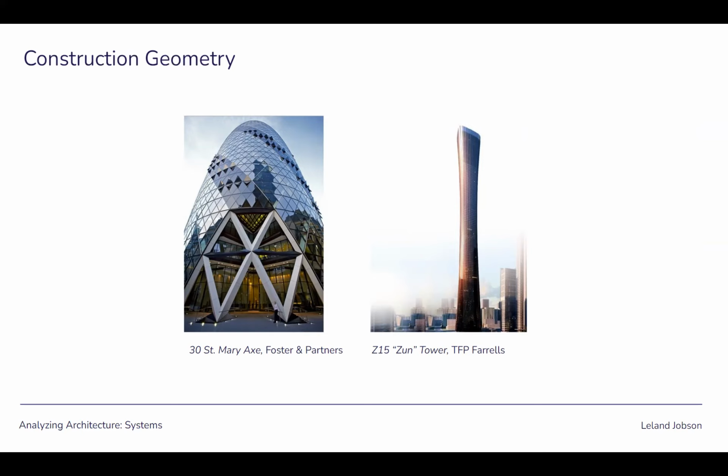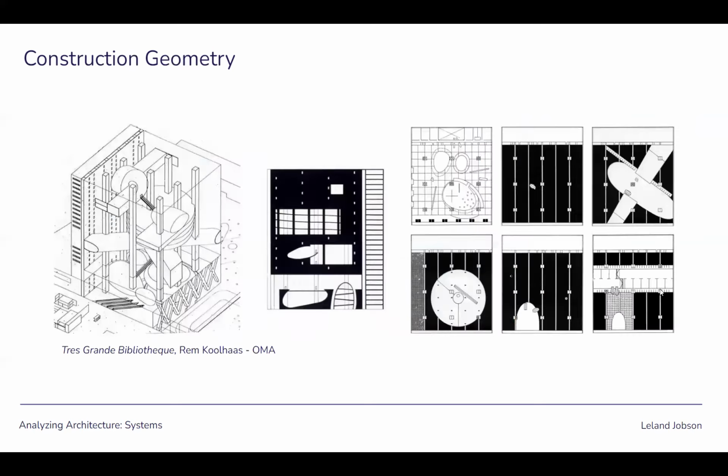So these things have to conform in some way to the forces that are on them, especially if you want to get super tall, like this Z15 tower. So they figured out, like a car body, the optimal surface. And also, like a car body, there were some design choices that belie perhaps the most functional body shape.